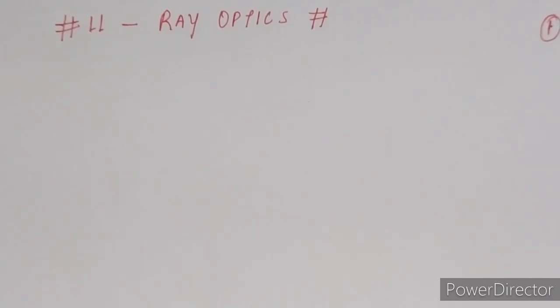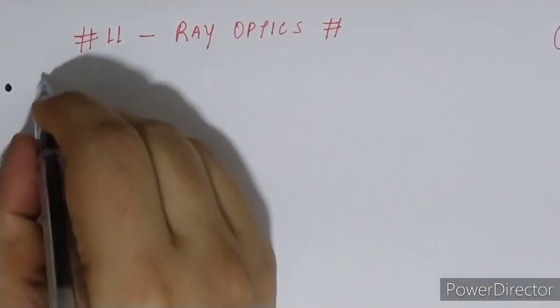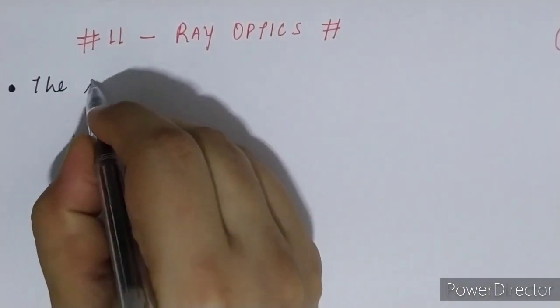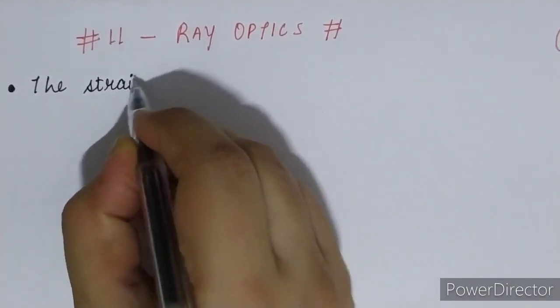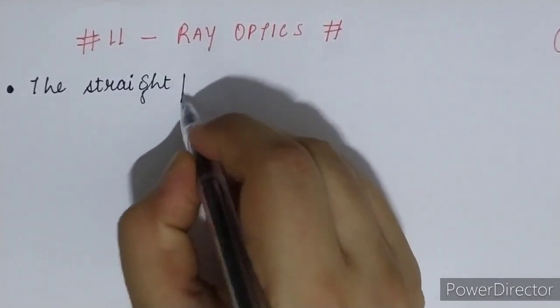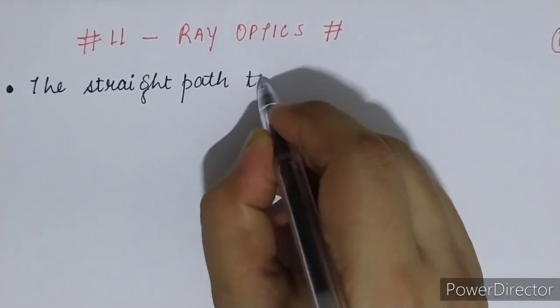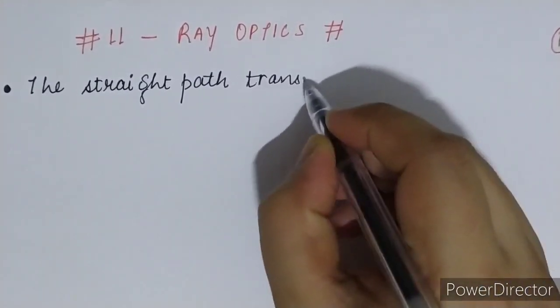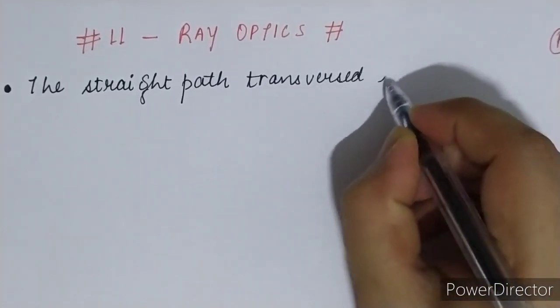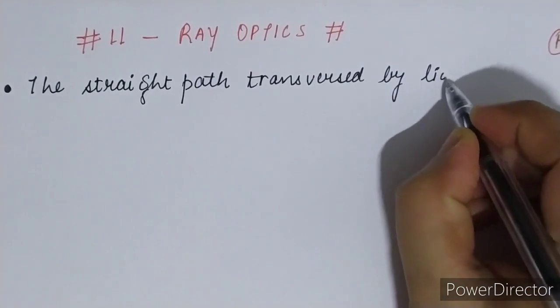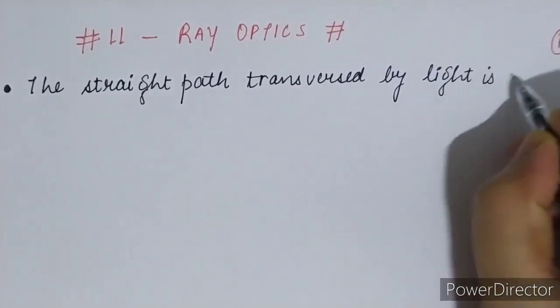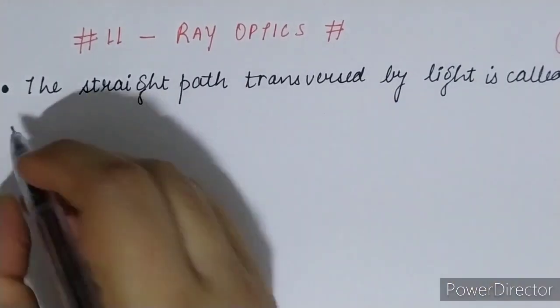I am writing one definition. First point: the straight path traversed by light is called a ray.